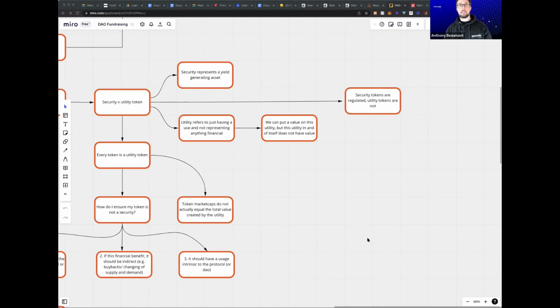And I guess three, does it do so efficiently so that the value of the token equals the value of this utility? If you design these three things well, you have a token that is used and is worth, at the very least, something linked in some way to how valuable the protocol is. Whether it is or not, I don't know.